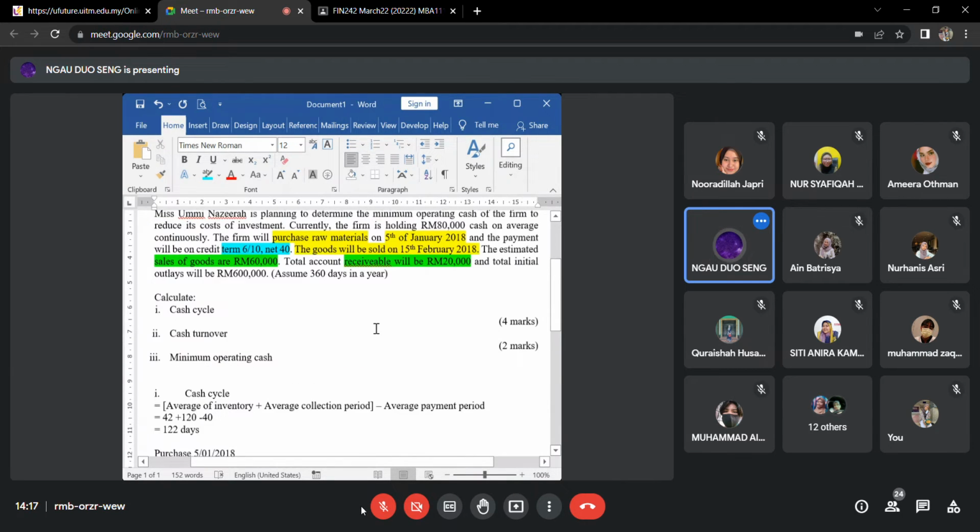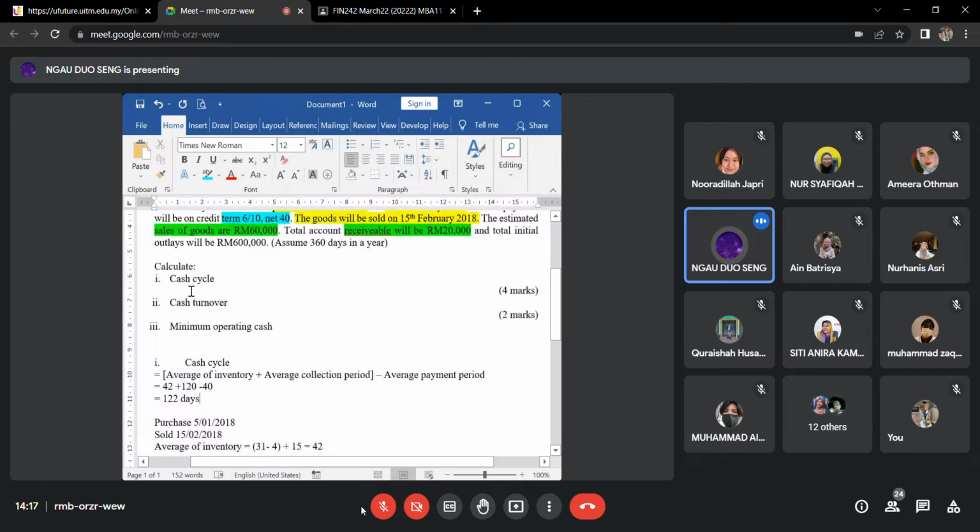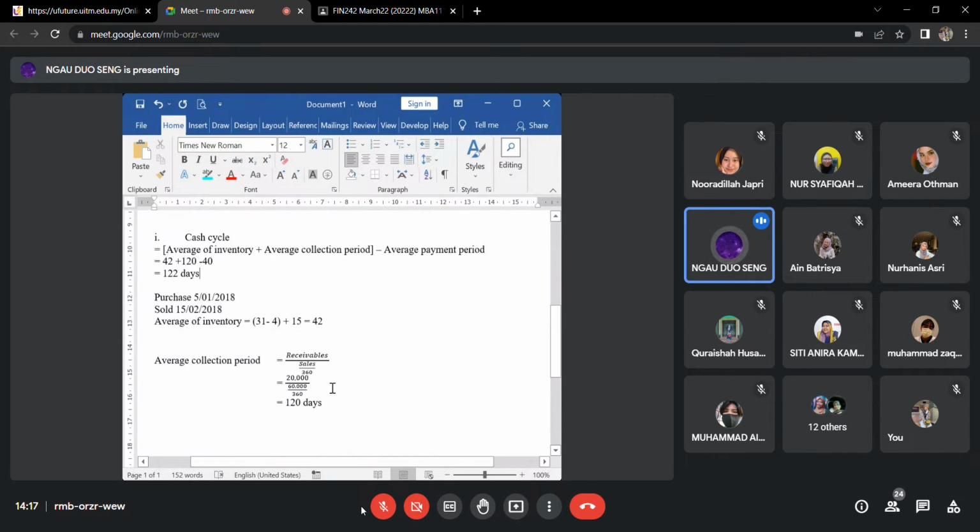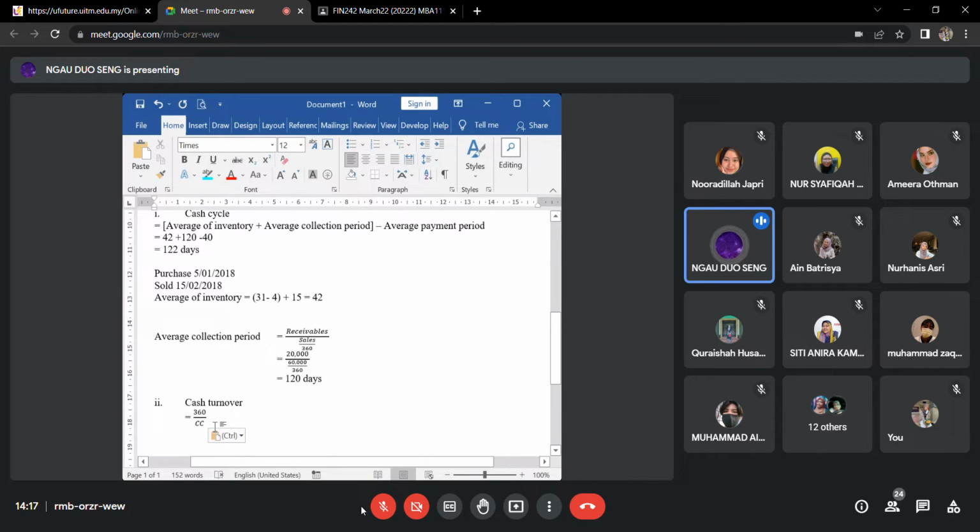The next is what? Next is we are calculating what cash turnover. So sama cash turnover. What should we do? We cari the formula. Cash turnover formula adalah cash turnover adalah 360 divided by CC, CC which is what we calculate lah.